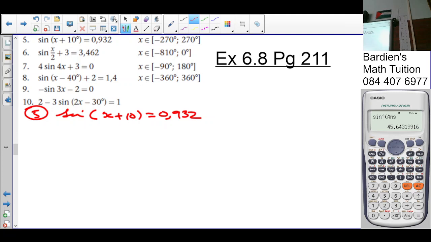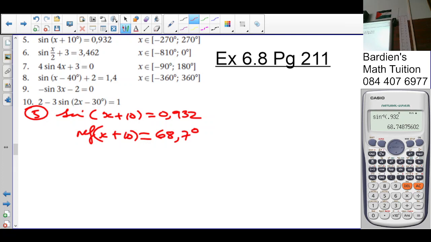Yes. So I can go reference x plus 10 equals arc sine of 0.932. So 68.7 degrees.